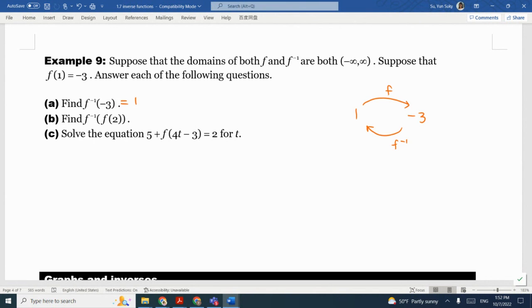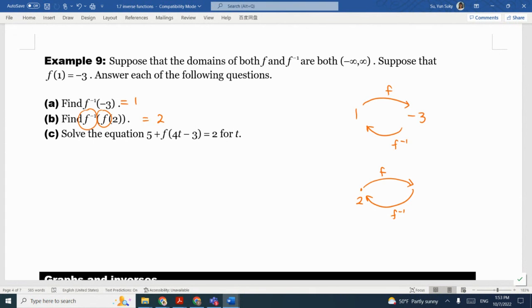Yes, everybody? Okay, what is f inverse of f of 2? Do you remember when we compose with the inverse, we just get the number back? So this is 2. We apply f, and then we apply f inverse, we just get it back.